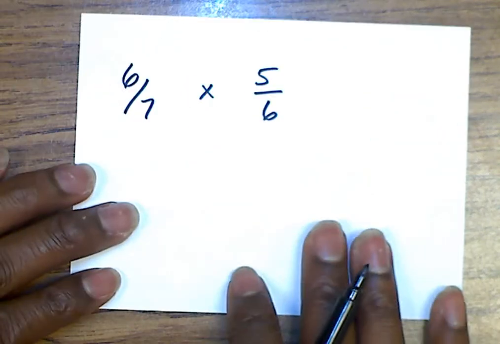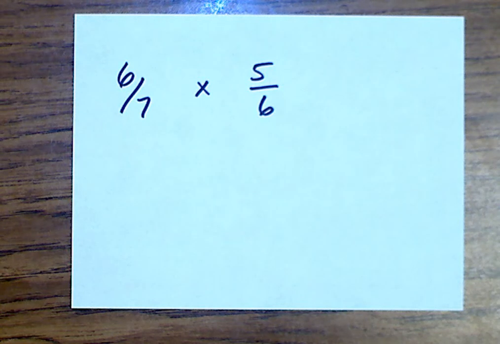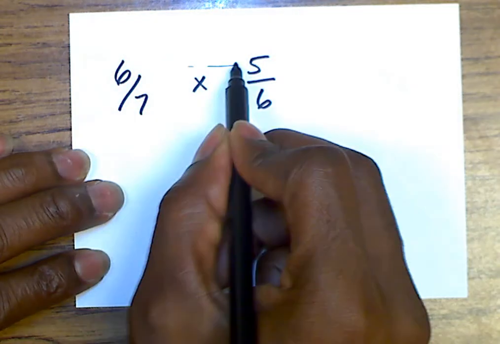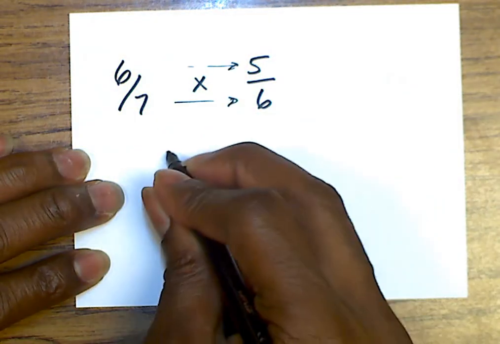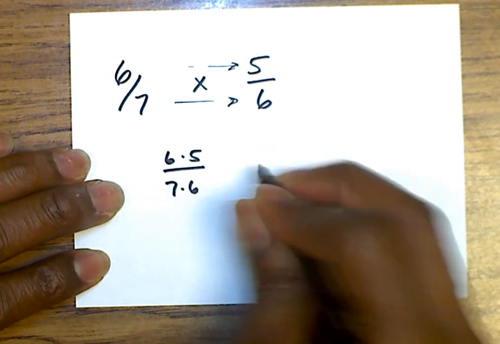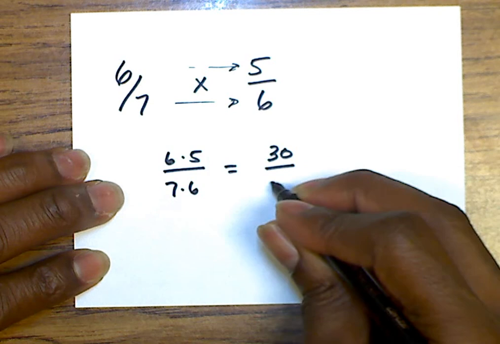Multiplication. With multiplication and division, we do not need common denominators. With multiplication, we can just multiply straight across. Our rule: numerator times numerator, denominator times denominator. So we have 6 times 5 over 7 times 6, which ends up giving us 30 over 42.